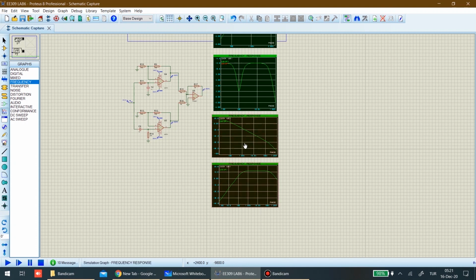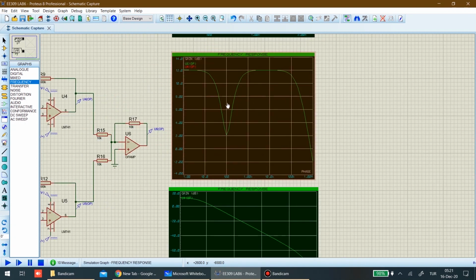The addition of these two graphs will give that graph.